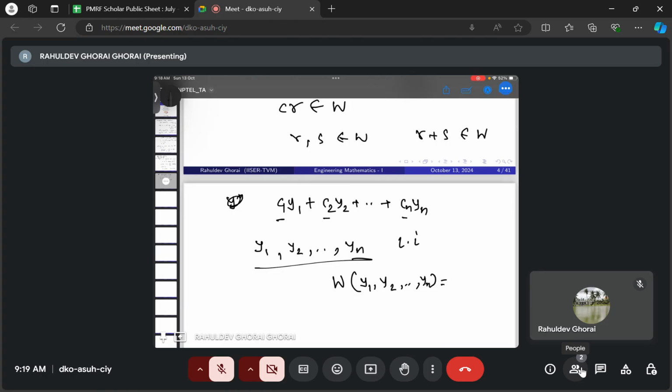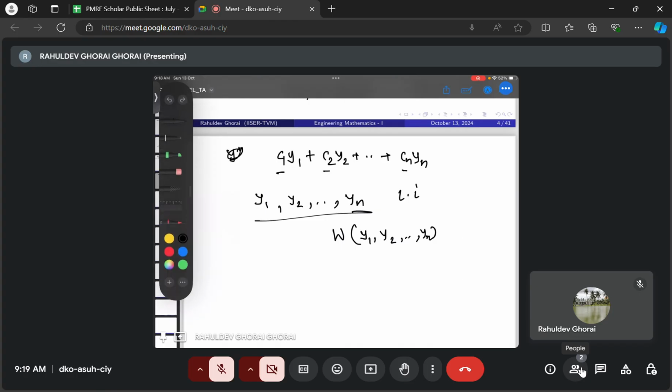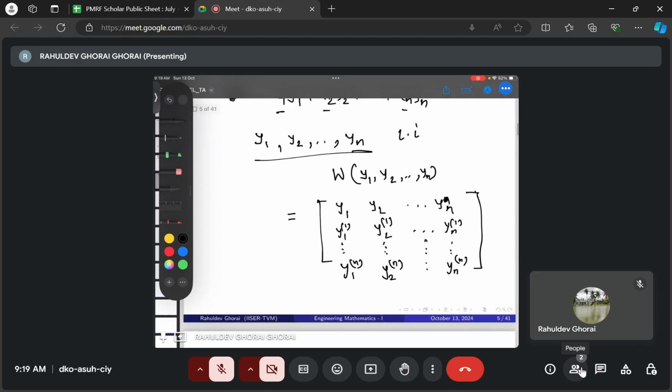As it's the nth order, this will be a matrix: y1, the first derivative of y1, up to the nth derivative of y1, and then y2 up to the nth derivative of y2, and it keeps going, up to yn, its first derivative, and the nth derivative of yn.